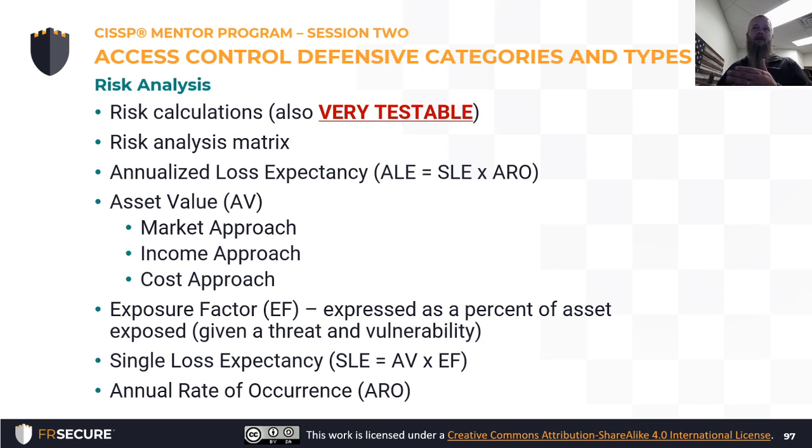If the total cost of ownership of a control, annualized, is say $100,000 and it protects 50% of the asset, you can do the math and figure out if it's a return on security investment or not. That's how all this works.